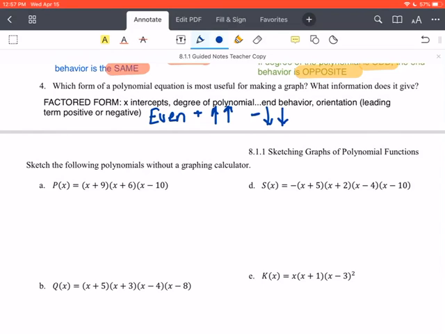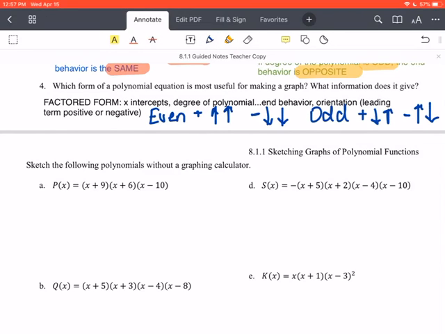Okay, so the orientation would be flipped if it's negative. And then for odd functions, if it's positive, the first arrow is going to be down and the second arrow is going to be up. And if it's negative, the first arrow is going to be up and the second arrow is going to be down, because the orientation has been flipped, is what we say. Okay, so that's kind of a little bonus material.